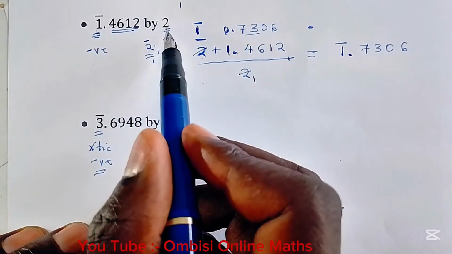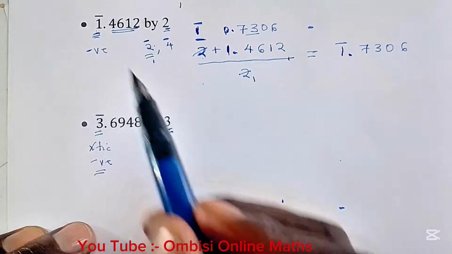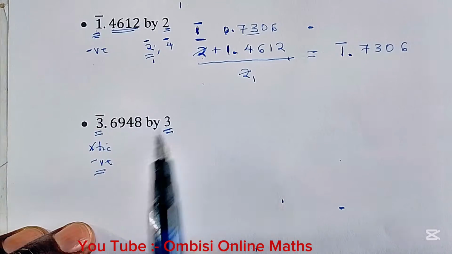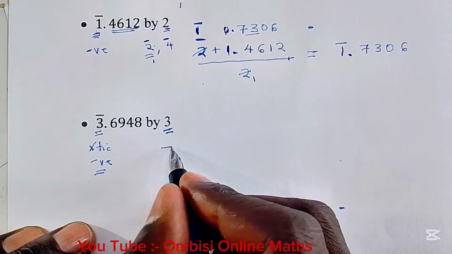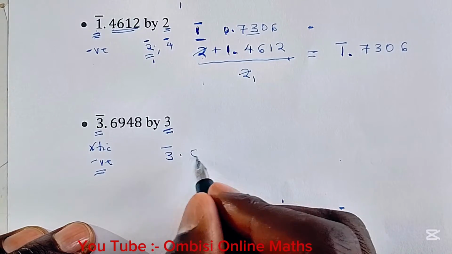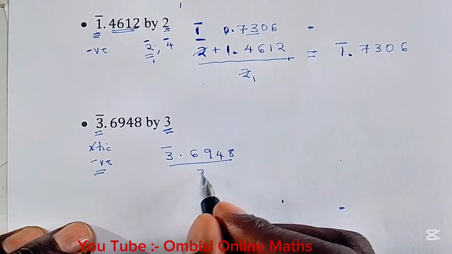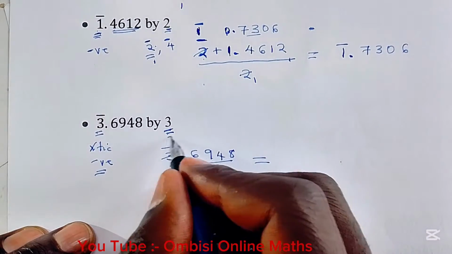Here bar 1 was not divisible by 2. That's why you had to do modifications. But here, the characteristic is divisible by 3, so there is no modifications we do to it. We divide directly by 3. 3.6948 divided by 3. So 3 here is 1, 3 here is bar 1.